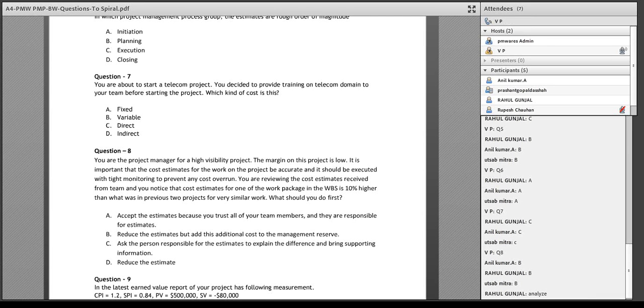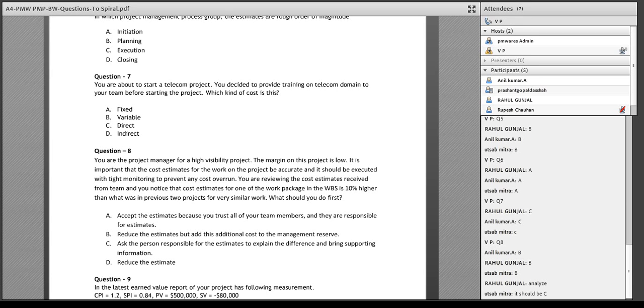So what is this? Accept the estimate because you trust all of your team members and they are responsible for estimates. This is an action, right? You accepted without analyzing. Reduce the estimate but add this additional cost to the management reserve. First of all, management reserve is over and above the project cost, the project budget. So the project manager does not have access to it. Second, it is also an action without analyzing.